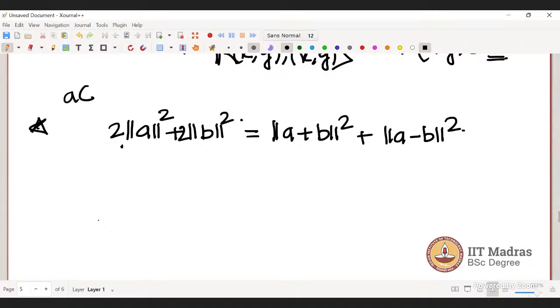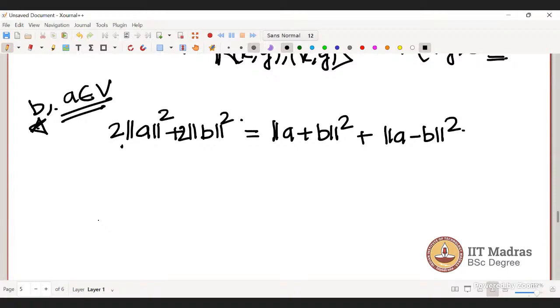So a and b are two vectors in your vector space, and this is what the parallelogram law is. It says that norm of a plus b square plus norm of a minus b square is basically 2 times norm of a square plus 2 times norm of b square.